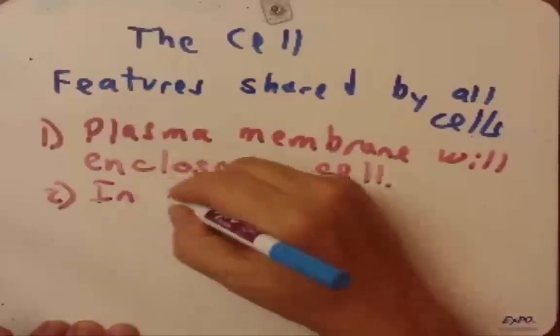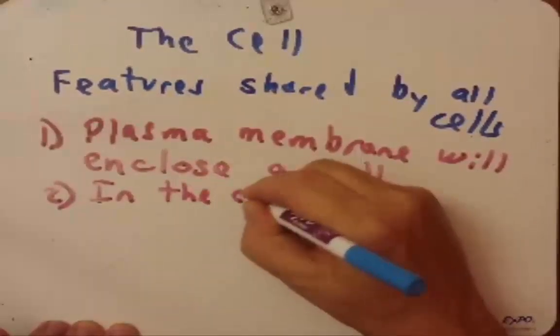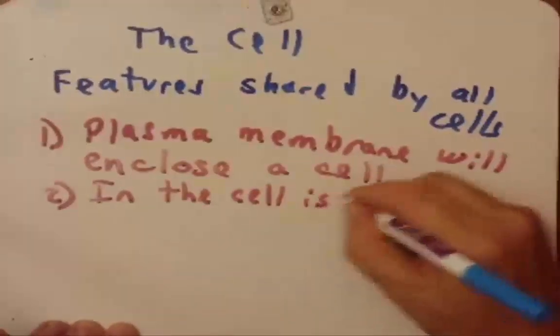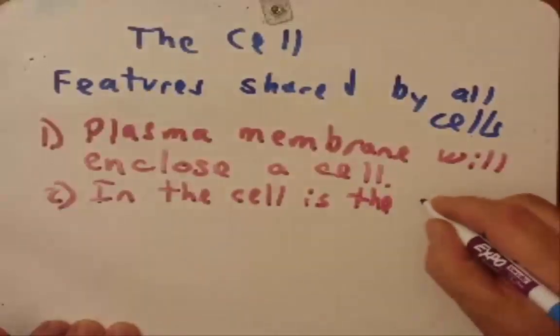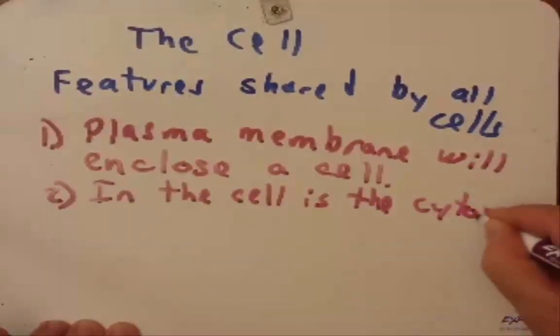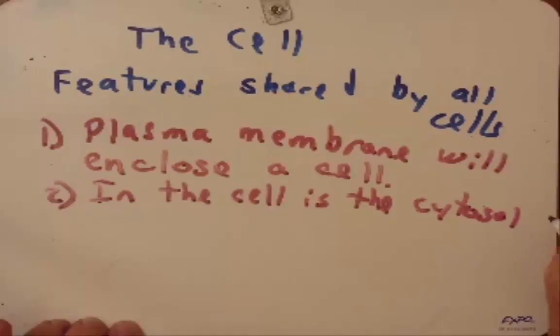In the cell is the cytosol. This is a semi-fluid liquid that fills the inside of the cell, and everything else inside of the cell kind of floats in this cytosol.